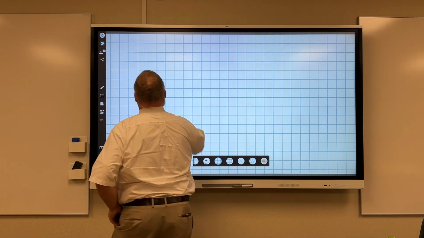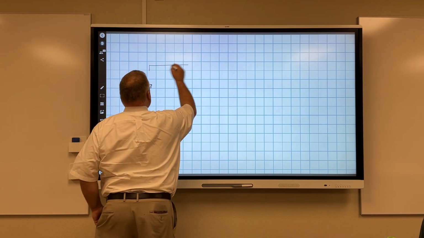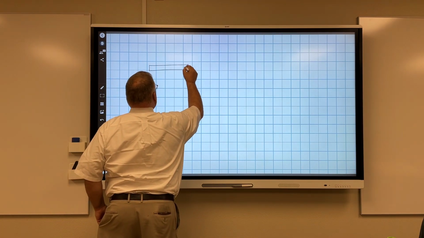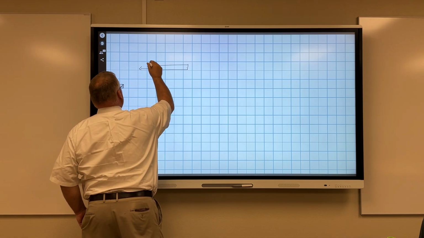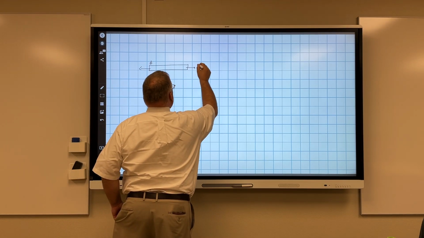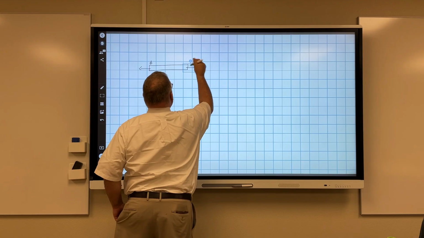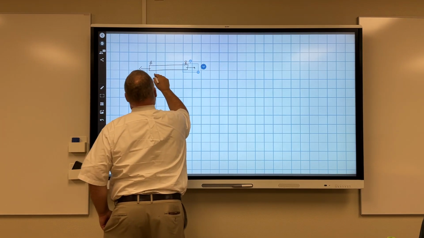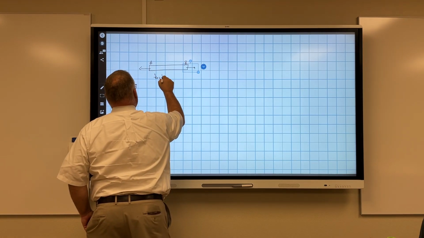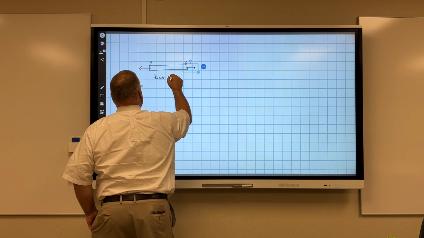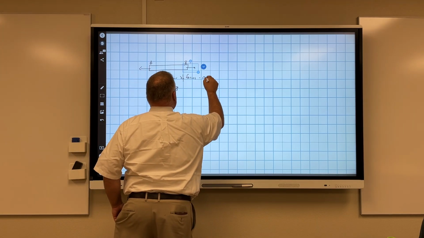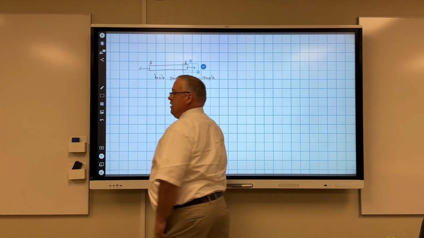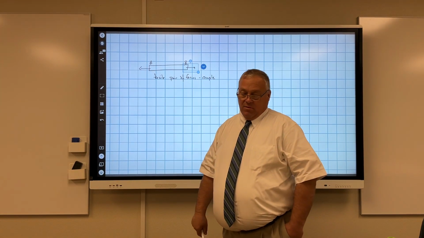Okay, so if I've got a two force member, and I'm going to put point A and point B. If I'm doing this at point A and this at point B, this is a tensile pair of forces, or a tensile couple. Okay?